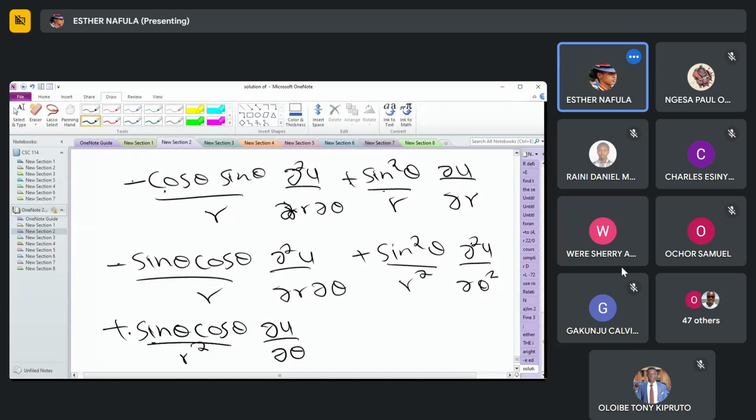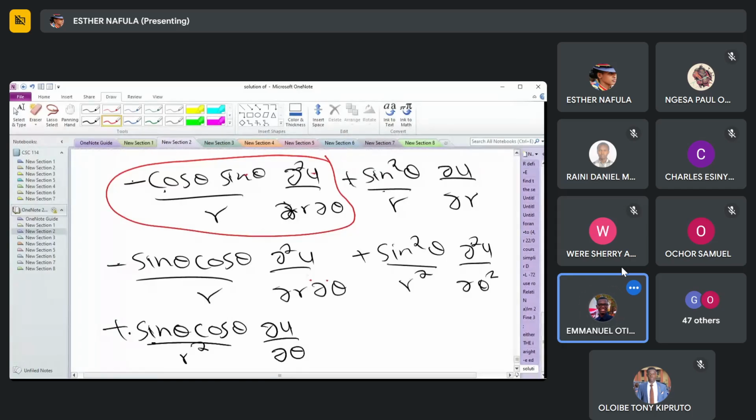We're good? Yes. We now collect like terms. I can see there's a minus cos theta sin theta over r, then the mixed partial. There's another minus sin theta cos theta over r. These two are the same.